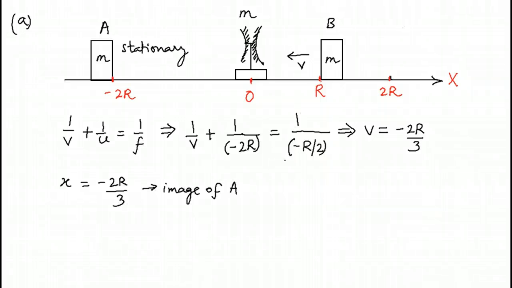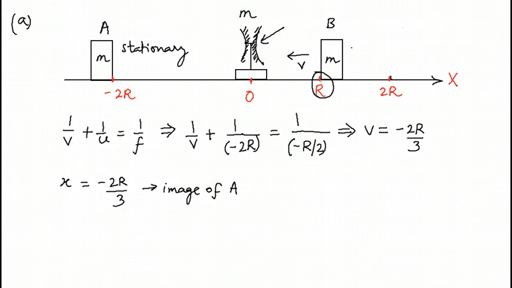Now let's try to find where the image of B is. If you look at the figure, you realize that B, which is at a coordinate of r, is at the center of curvature of this particular mirror, and hence you need not actually apply the mirror equation. It's a very easy case to analyze.